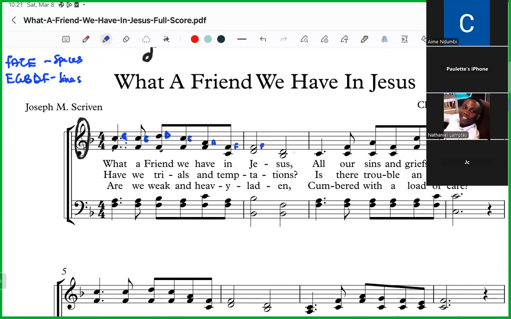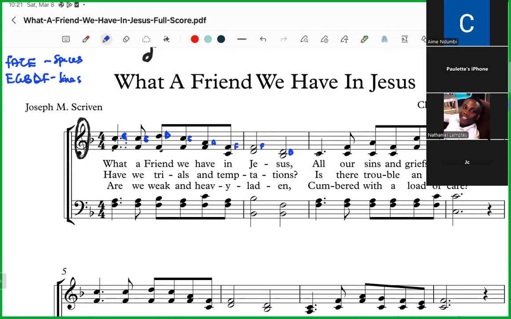Now, as I was saying, this is your first line, so below your first line is a space. So this is a D. I explained it when I started. Then the line below the first ledger line: C is the easiest note to identify because it's a line below the first ledger line.